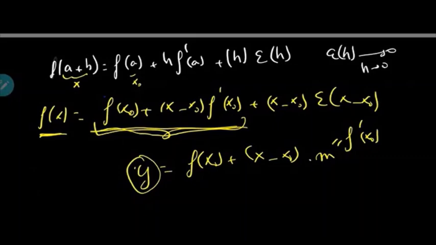So what we are saying here is that the image of a given point x is equal to the image of x on the tangent plus a given value. I will try to illustrate this on a graph.